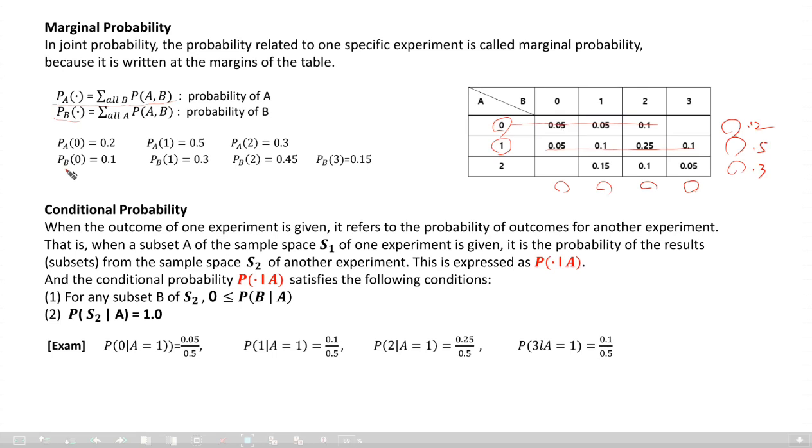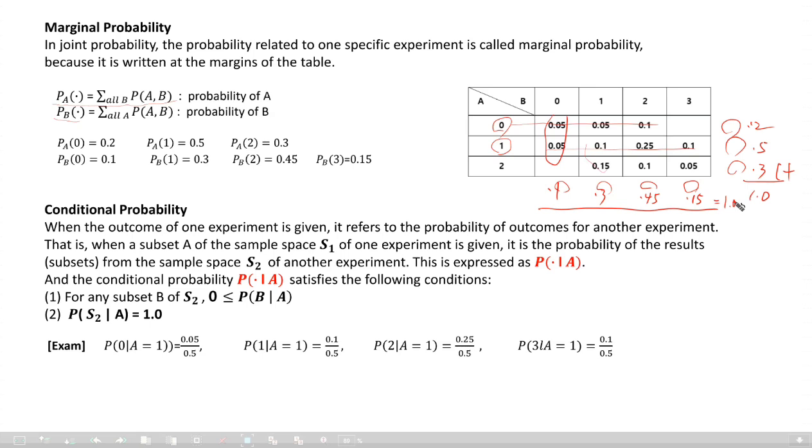And the probability of B equal to 0 is the sum of this column, 0.1. The sums of these columns are 0.3, 0.45, 0.15. These are called the marginal probabilities of A and B. The sum of the marginal probabilities should be equal to 1. This one equals 1, and the sum of this equals 1, right? Because it is a probability. The sum of probability should be equal to 1.